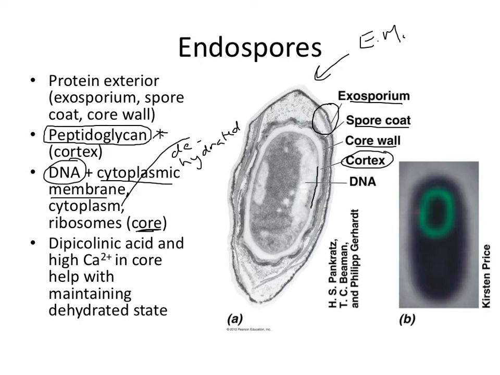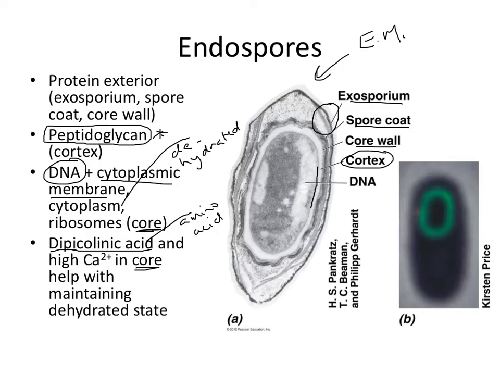The core contains some interesting chemistry. It has something called dipicolinic acid in it. That's a very unique type of amino acid that bacteria use for a variety of functions. It serves in this role a protective function, helps to protect the DNA against damage.